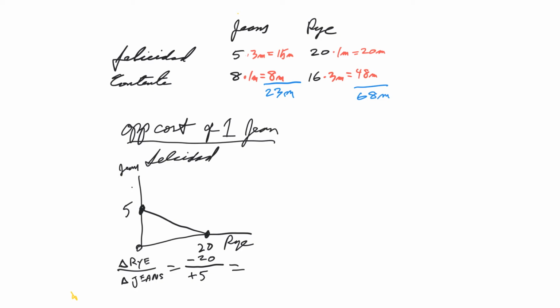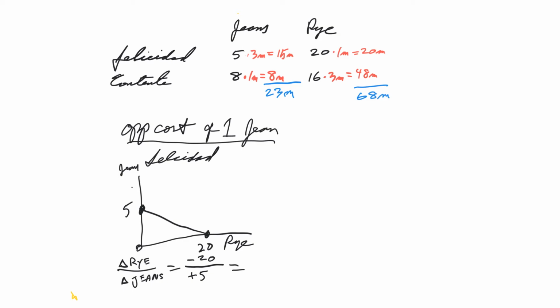So, what that tells us is that 5 jeans cost 20 rye. Well, we don't want to know what 5 jeans cost. We want to know what 1 jean costs, the opportunity cost of 1 jean. So we just divide through.